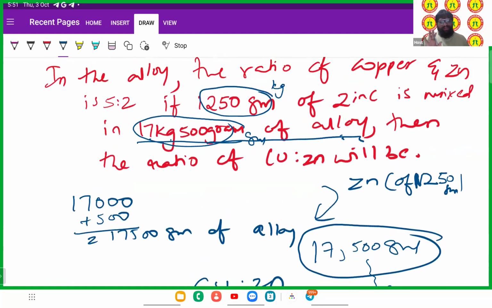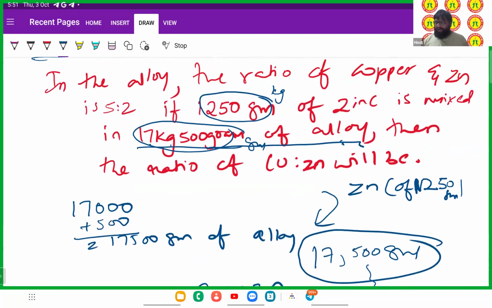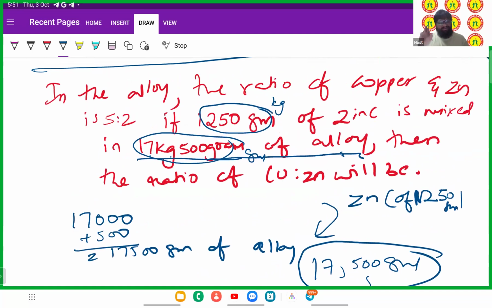I am not getting what exactly you mean. The question says that in the alloy, the ratio of copper and zinc is 5:2. In that 17 kg 500 grams of alloy, the ratio 5:2 is already there.